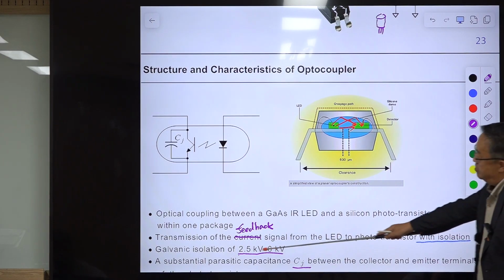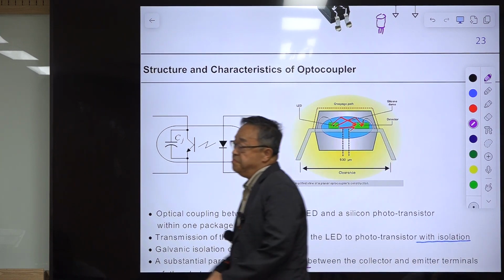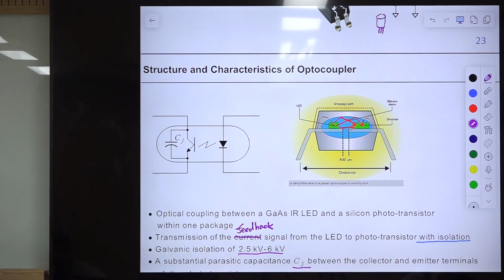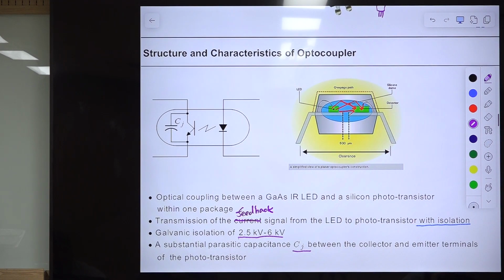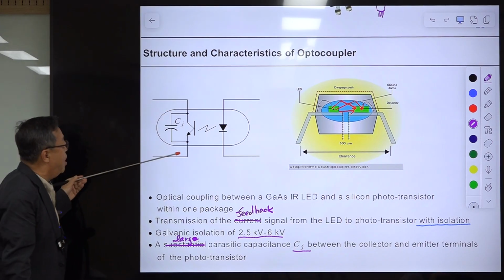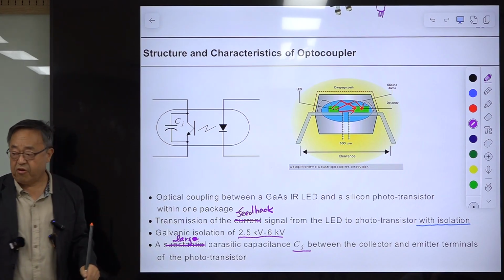So kilovolts can be insulated in between, and a substantial, large, is a more appropriate word, parasitic capacitance CJ between the collector and emitter of this phototransistor.